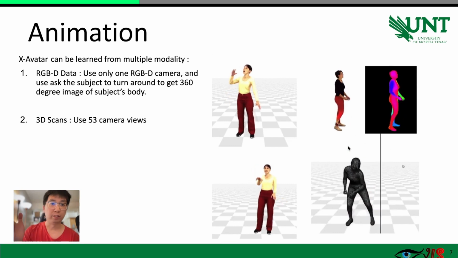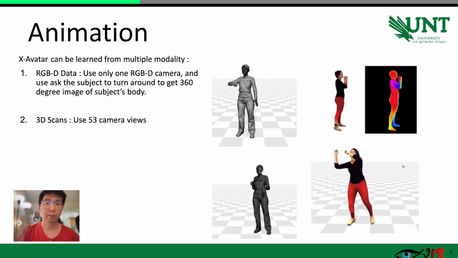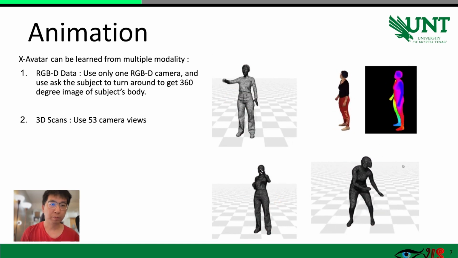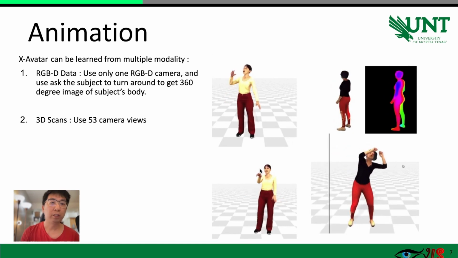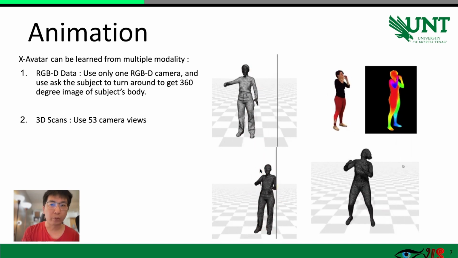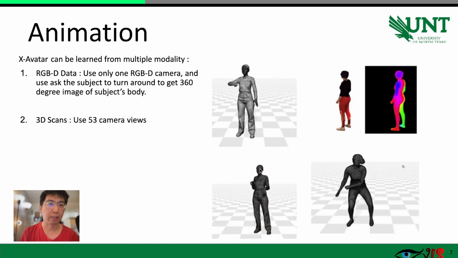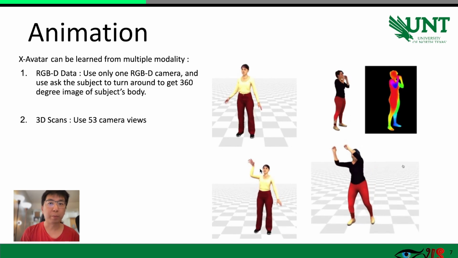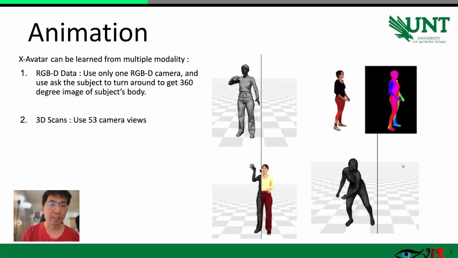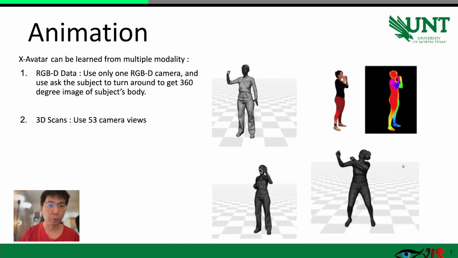And the second one is a 3D scan. You can see that the human subject just stands still, and they have 53 depth cameras pointing at that subject, which is more accurate than RGBD data. By the way, in this experiment, I'm going to process the input both from the RGBD data and from the 3D scan.